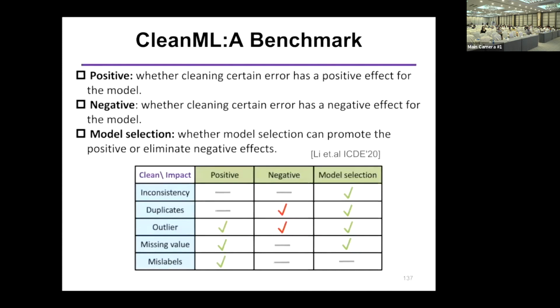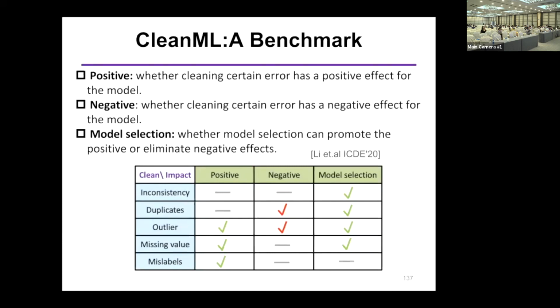The positive column means whether cleaning the errors has a positive effect on the model. And the negative column denotes whether the cleaning operations have a negative effect on the model. And the model selection column denotes whether model selection can promote the positive or eliminate the negative effects.